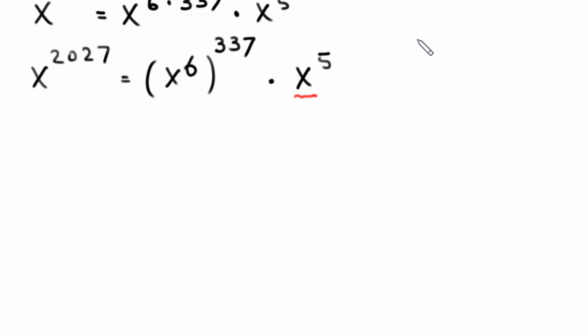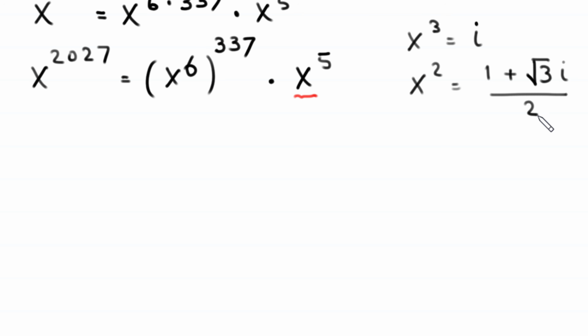We have two equations, x cubed equal to i and x squared equal to 1 plus root 3 times i divided by 2. We multiply these two equations to get x to the power 5. x to the power 5 is equal to x squared times x cubed.